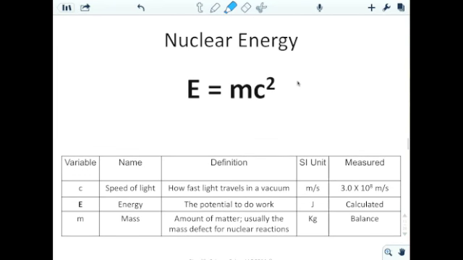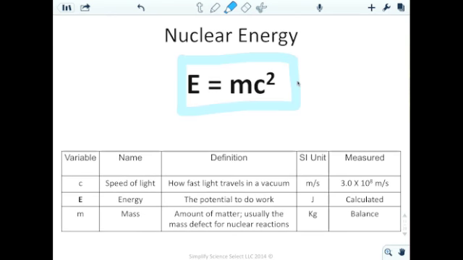Now, where does all this come from? This is probably an equation we've seen before, though we might not have thought a lot about it: E equals mc squared, Einstein's equation. c is the speed of light, which is 3.0 times 10 to the 8th meters per second.